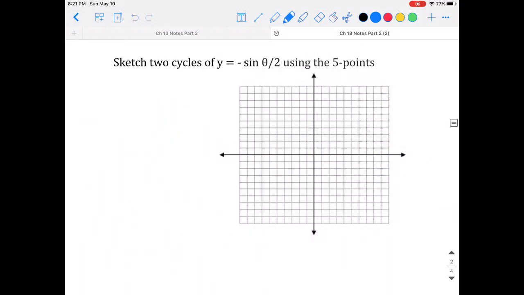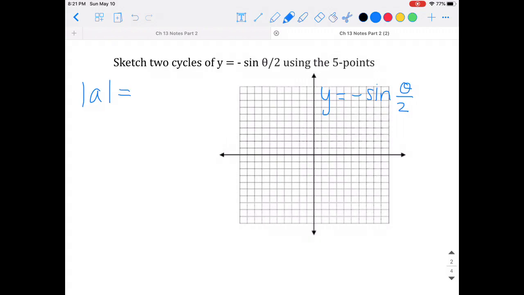Our next example: sketch 2 cycles of negative sine theta over 2 using the 5 points. So we have y equals negative sine theta over 2. So again, we can start by thinking about the amplitude. It gives us our max and min points, and the amplitude we get from the absolute value of a.